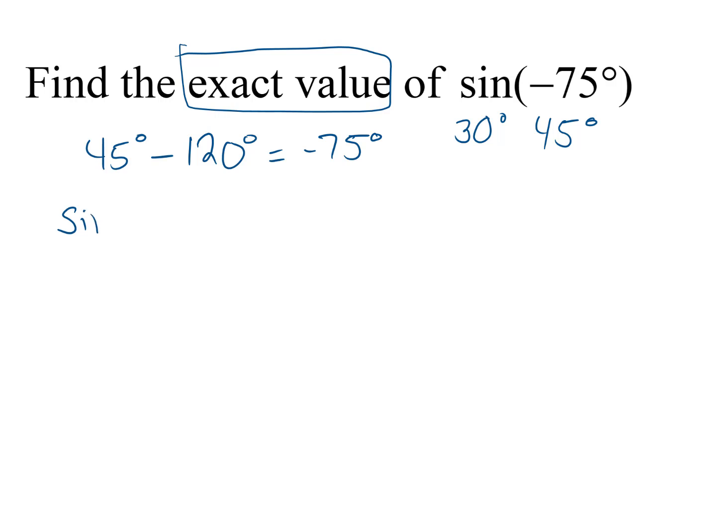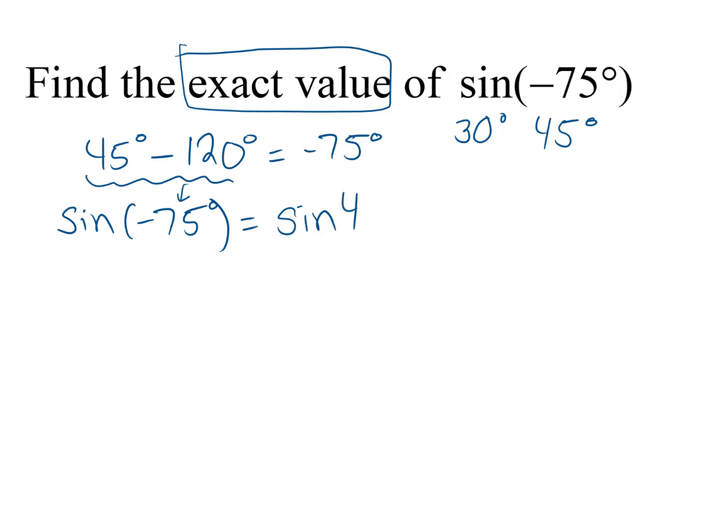So I'm going to take the sine of negative 75 degrees, and that will equal, using the sum or difference formula, I've got this negative in here, so I'm going to set this up, and it's sine of, these are the two angles, the way I'm going to express the negative 75.